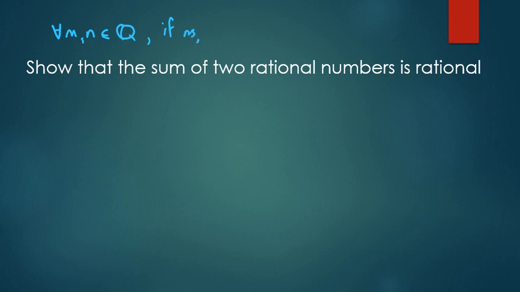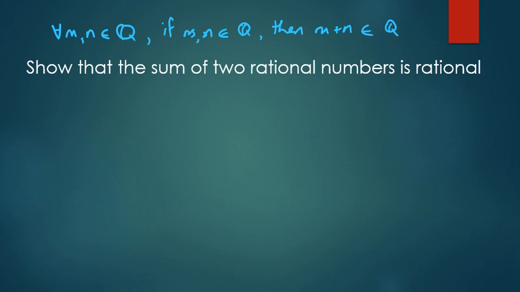So if m and n are rational, then m plus n is a rational number, or is an element of Q. So again, this particular sentence that we have to prove, writing it as a quantified statement, is a little bit different, a little bit odd, but sometimes you encounter those, and you just kind of have to work with them.